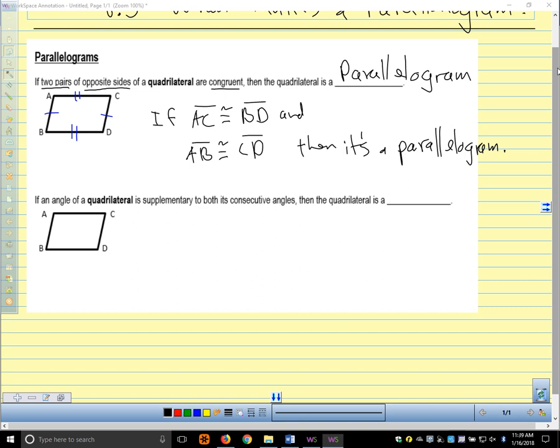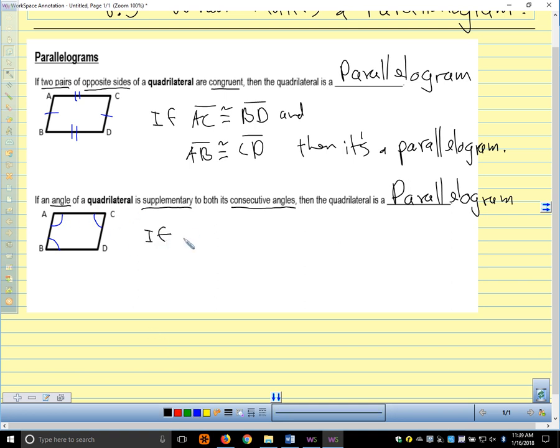The next one: if an angle of a quadrilateral is supplementary to both its consecutive angles, then the quadrilateral is a parallelogram. So what we're saying here is if we take angle A, angle B, and angle C, those are consecutive angles.